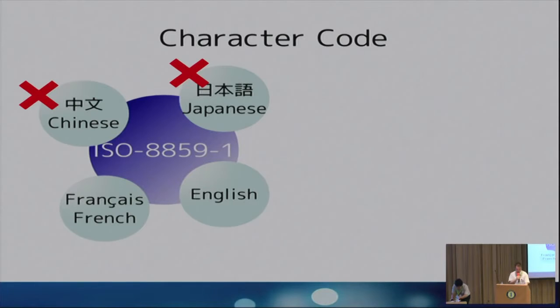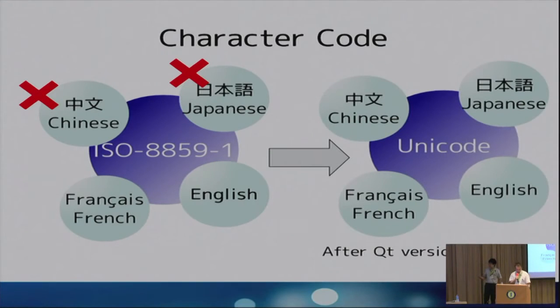For example, American and European languages can be expressed with Latin 1, but Chinese, Korean, Japanese, and many other languages cannot be expressed with it. Today, this problem is solved by using Unicode.